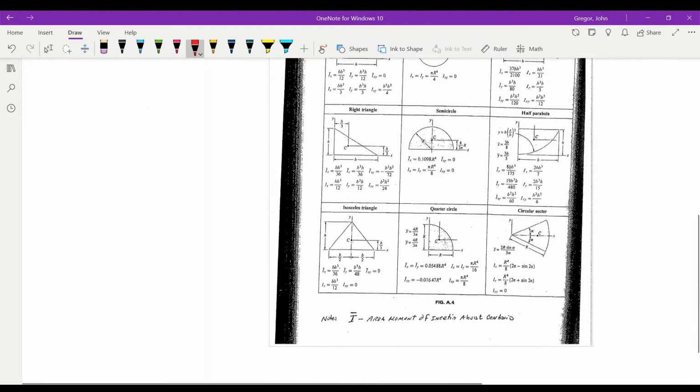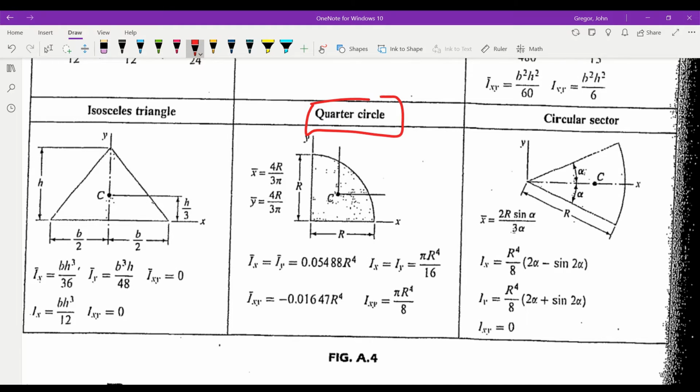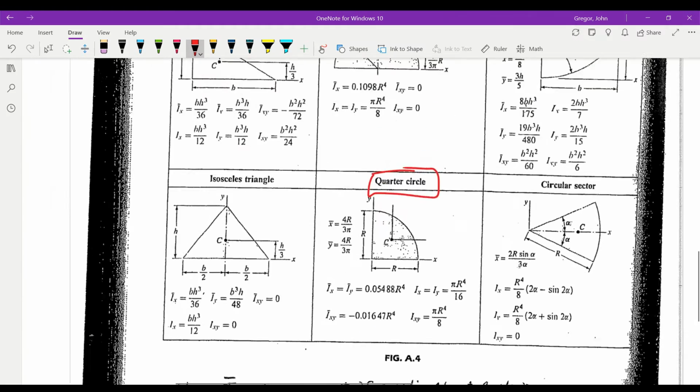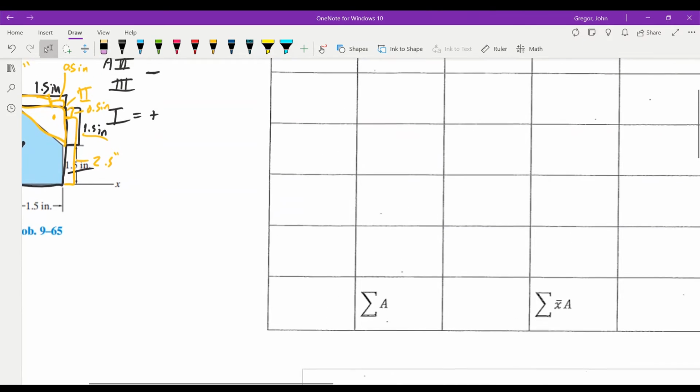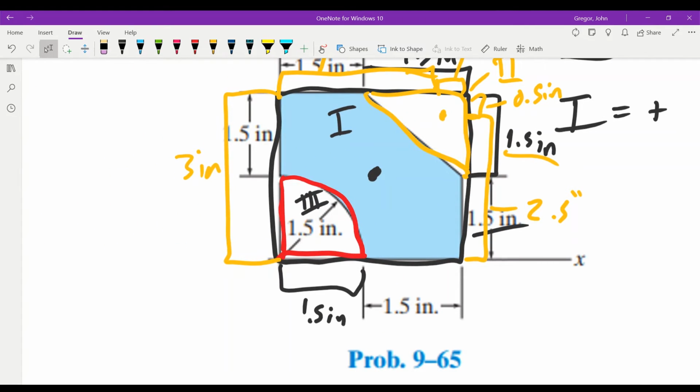Now, for this one, we actually have to use an equation. Over here, we have the quarter circle. My center is, as you can see here, 4 times r over 3 pi, and they're both the same. The nice thing is this is at this corner, and we're given the radius, which is 1.5, so we can find this relatively easily. So this is 4 times r over 3 pi, and same thing up here.